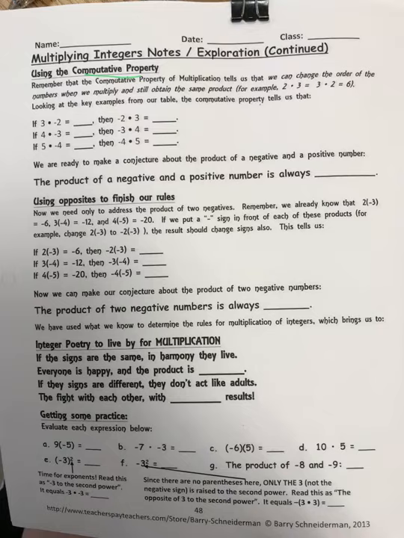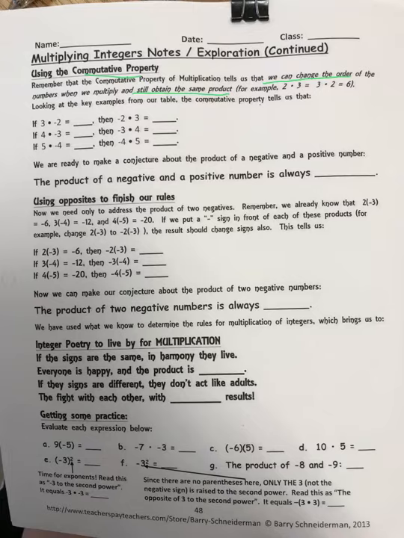So 5 times 4 is the same as 4 times 5, right? So it tells us that we can change the order of the numbers when we multiply, and we can still keep that same product. So they gave us the example of 2 times 3 equals 3 times 2.